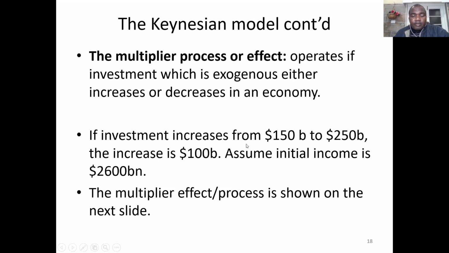So if investment increases from $150 billion to $250 billion, the increase is 100 billion. If we assume an initial level of national income of 2,600 billion or 2.6 trillion, the multiplier effect or process is shown on the next slide.